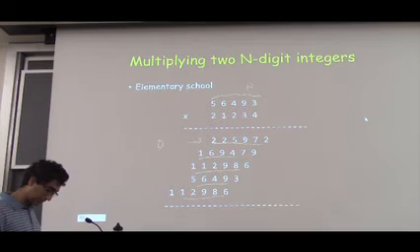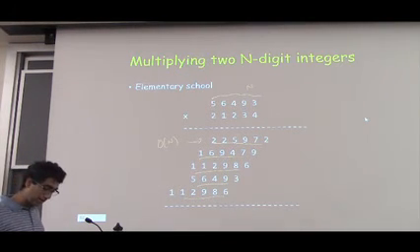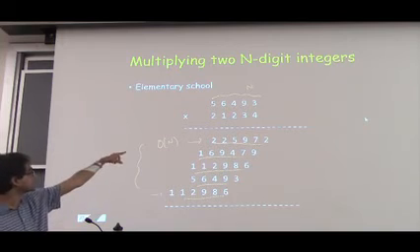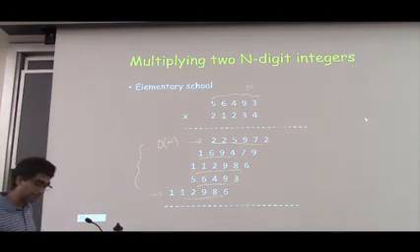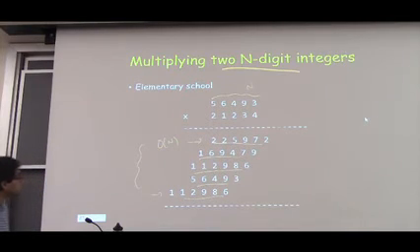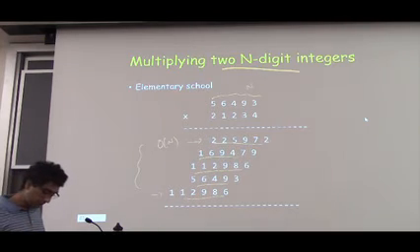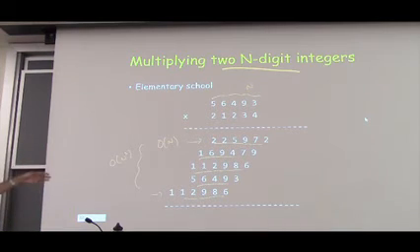So it takes roughly O of n time to build each of these numbers, and you do n of them, because the number of rows depends on the number of digits in the bottom number, which we assume is also n. So we have n things, each O of n. Building these partial products takes O of n squared time.